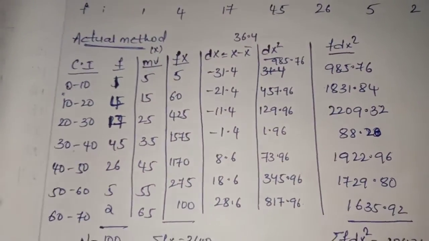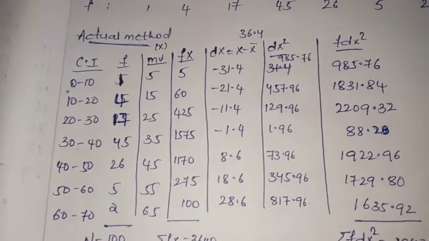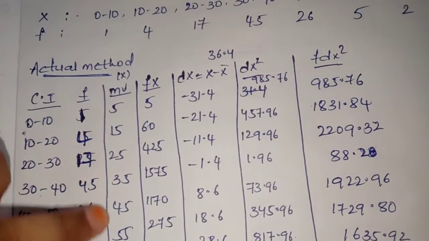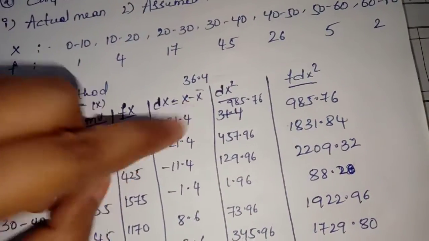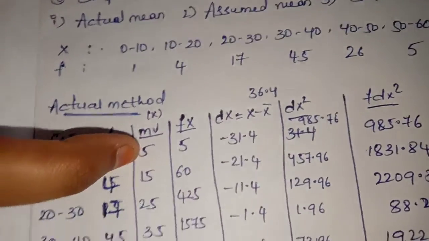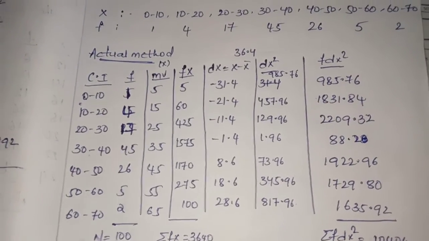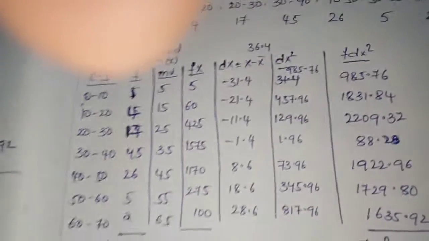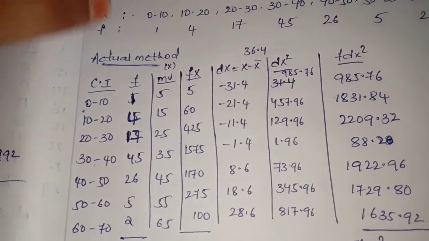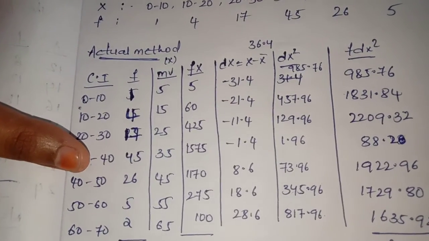Now we have to find out dx values. So dx is equal to x minus x bar. Mid values will be the x values, and x bar we have calculated as 36.4. So 5 minus 36.4 you will get minus 31.4. 15 minus 36.4, you'll get minus 21.4, and 25 minus 36.4, you'll get minus 11.4.